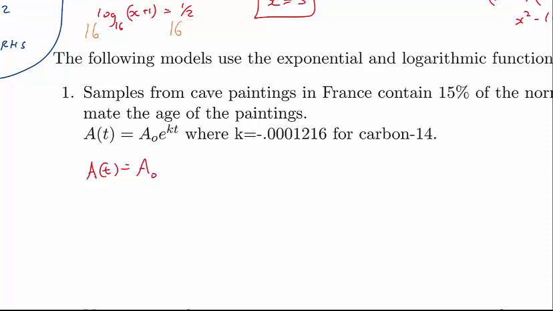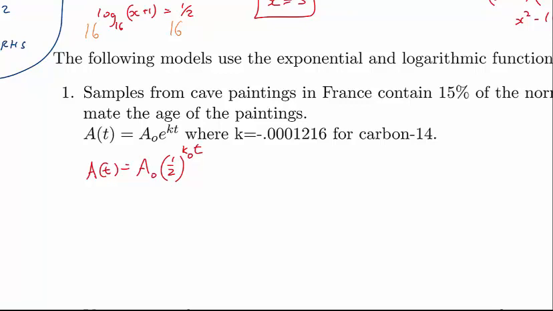But instead of having an e, you'd have a 2, or a half, right? And then you have a constant, but it's a different constant, k naught. Like that. And then k naught would simply be the inverse of your half-life.